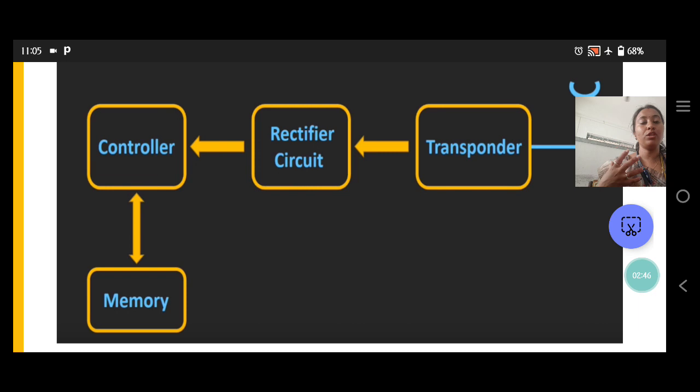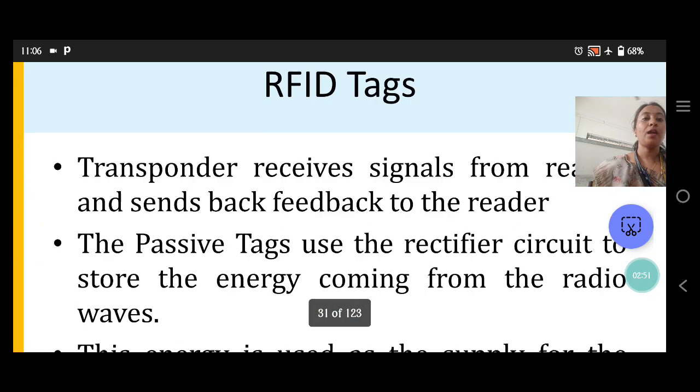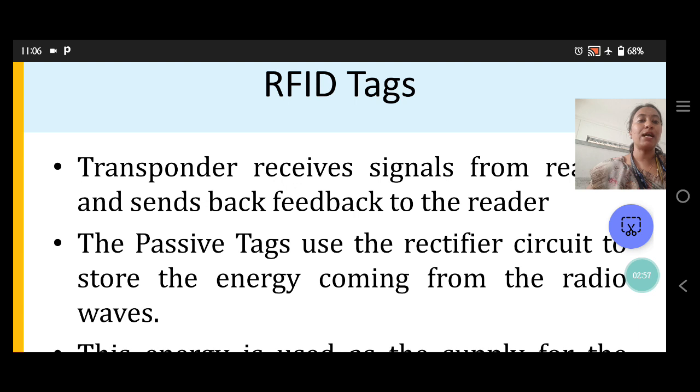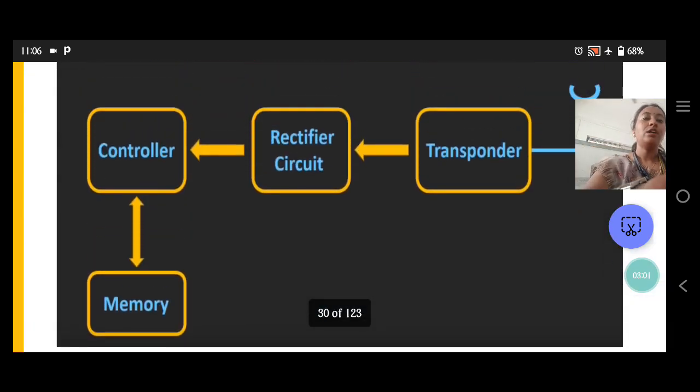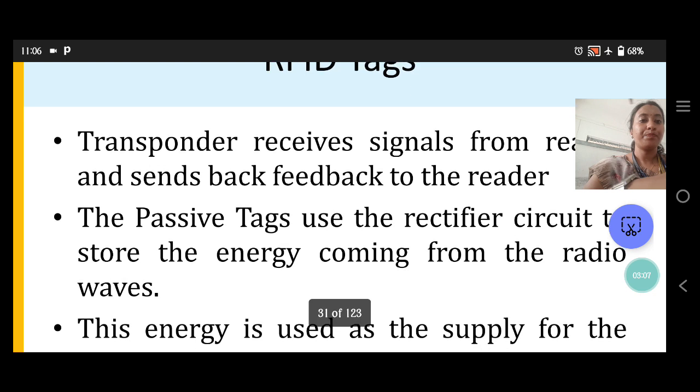It reflects again to the controller, and it retrieves the data. The tag's transponder receives signals from the reader and sends feedback back to the reader.